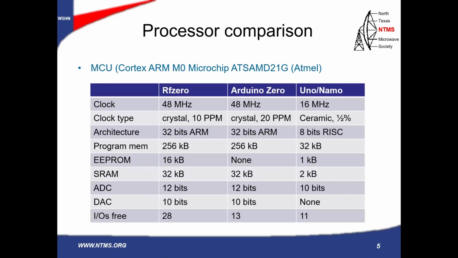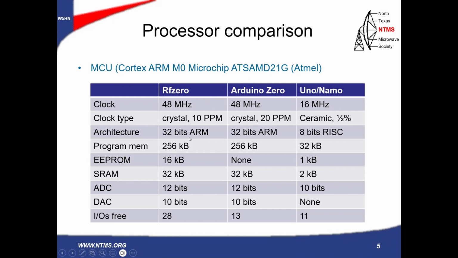Now, talk about the processor. So it is a Cortex ARM M0 microchip by this number. And just to compare it across from Arduino to Uno, that should say Nano, it says Namo, should say Nano. So it's clocked pretty high at 48 megahertz. The clock accuracy is 10 parts per million.